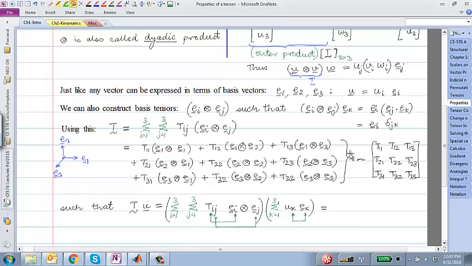So this is again a compact way of writing this long expression. But note here that I'm saying that the tensor T is equal to the first component in the first tensor basis, second component in that basis, third component in that basis, and so on for all the 9 components.